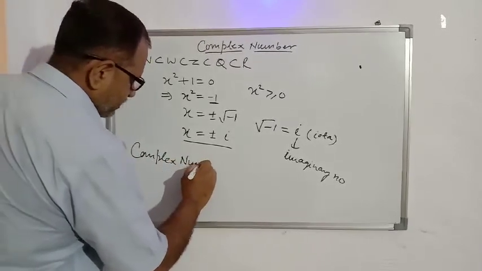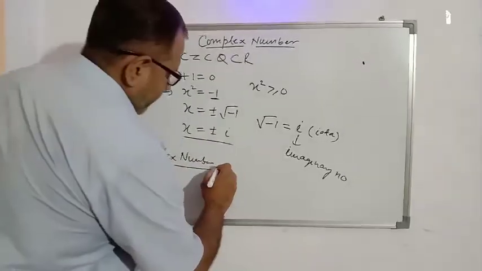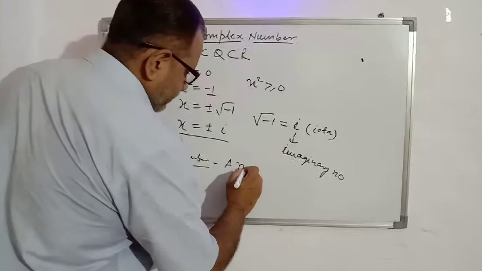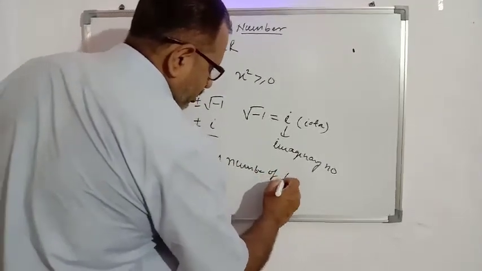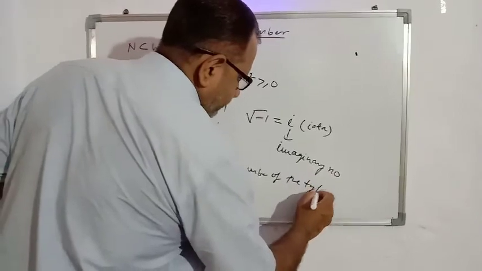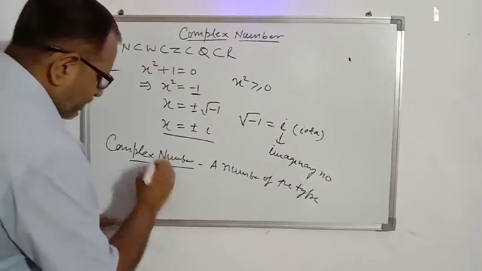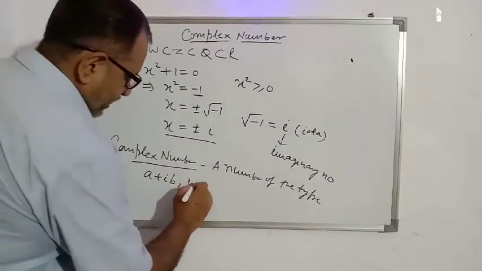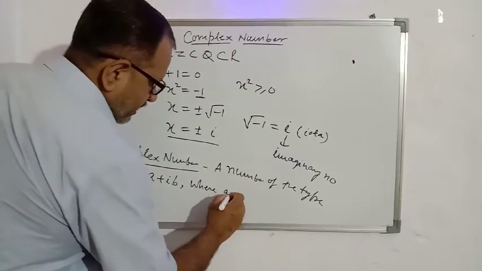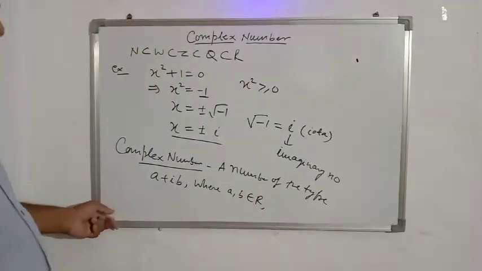Complex number. We can define it as a number of the type a plus ib, where a and b both belong to the real number set.